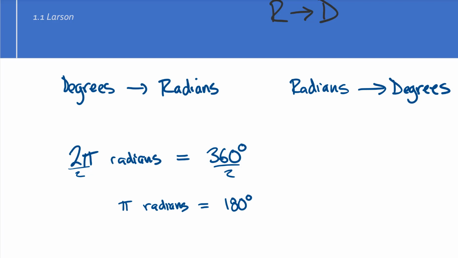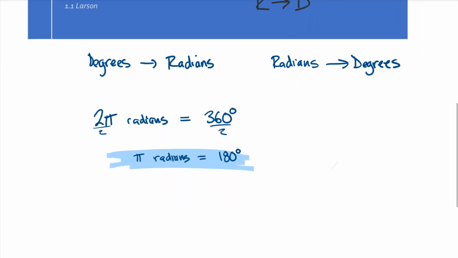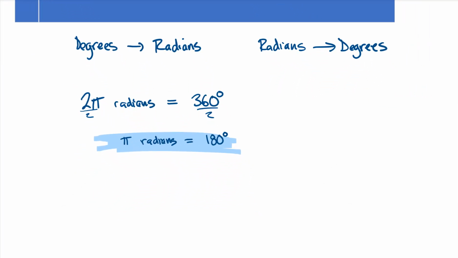What this allows us to do is, if you have something in degrees and you want to take it into radians, let's watch how this works, because we're going to end up with 2 different conversion factors: pi over 180 degrees, or 180 degrees over pi. These are your dudes.